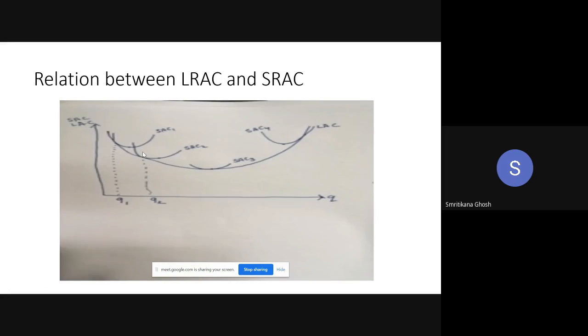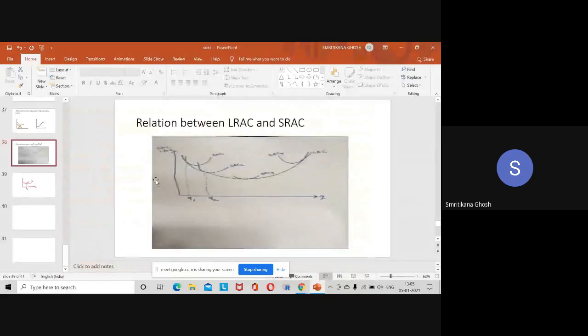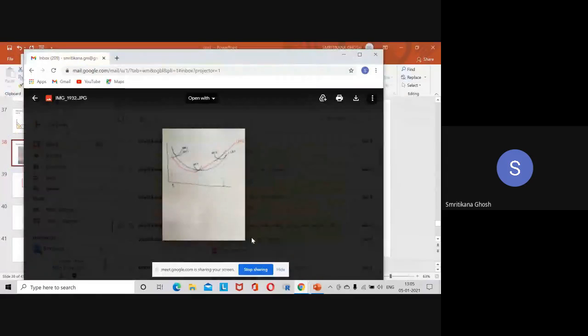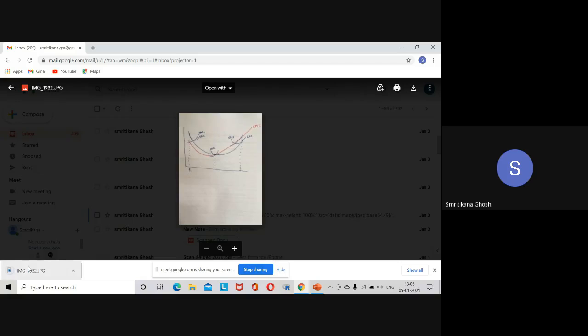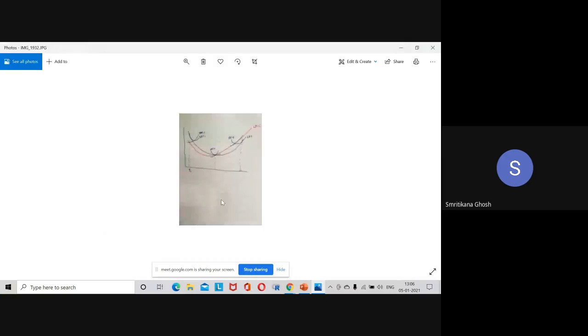And the last one is here. Yes. I don't know how to increase the size. Do you know how to increase the size? This is very difficult. Am I audible?